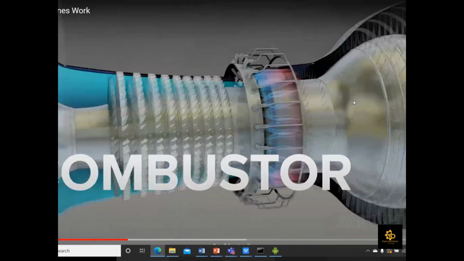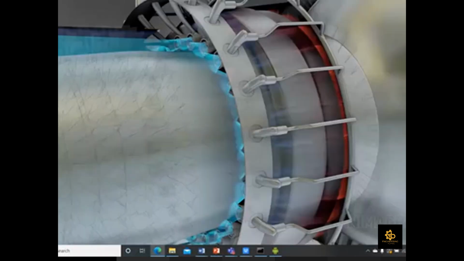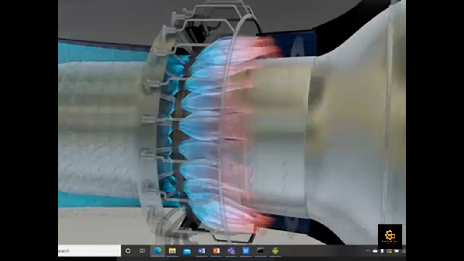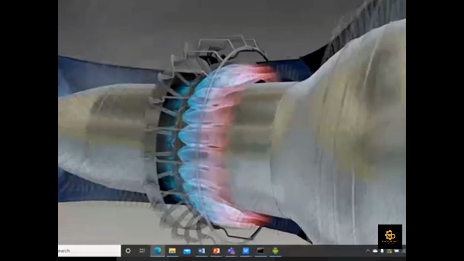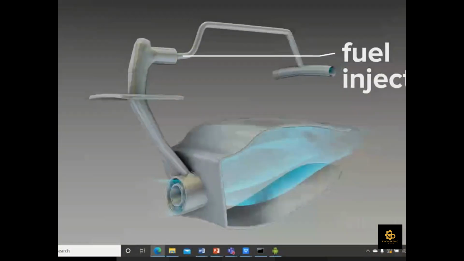So now there is a combustion chamber. Air and fuel mixture will be sent together, and then there will be combustion. And if you can notice, this is your fuel injector.